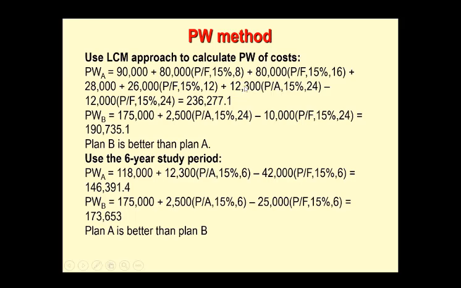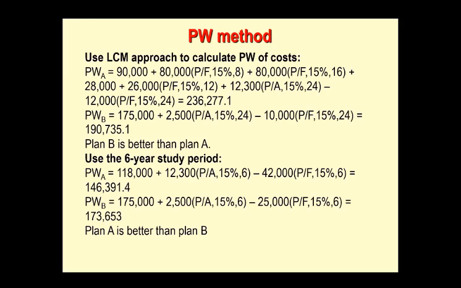Now, 12,300. What is this? It is the general operating cost of the mover, 12,000, plus the patch, 300, which is 12,300.